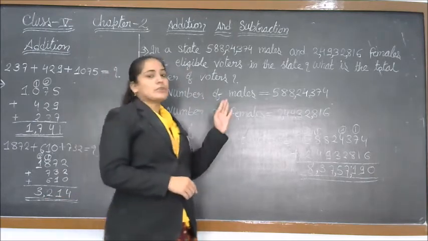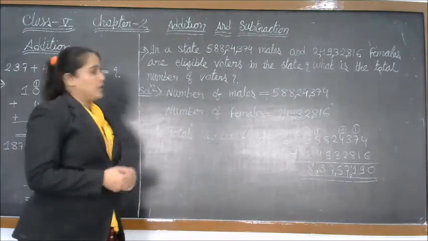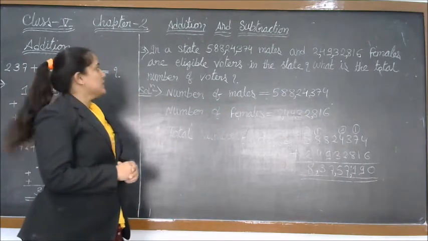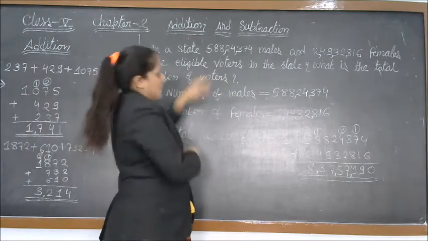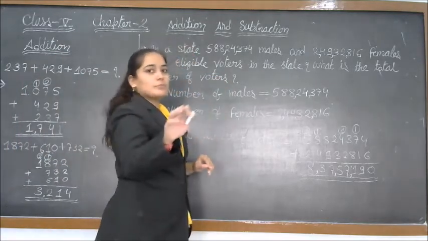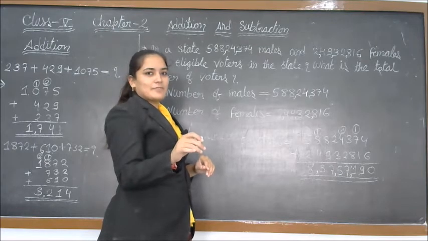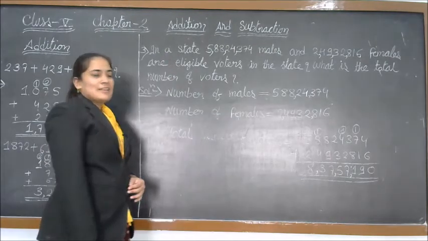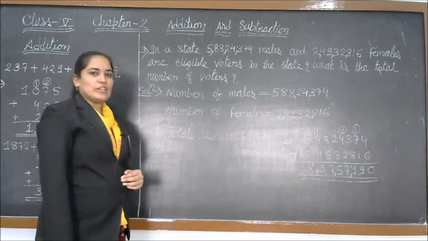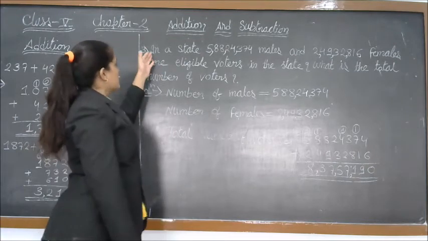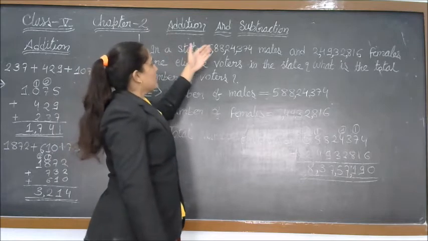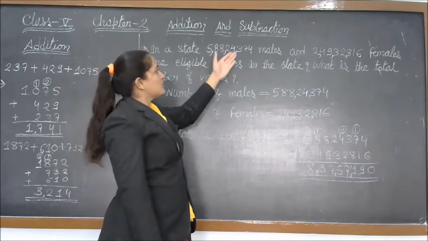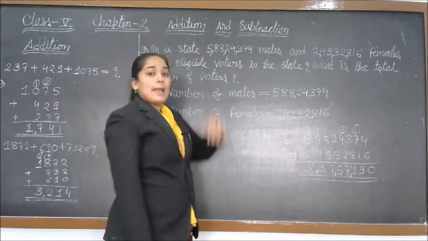Now we have to study the theory type question. First question is here. In a state there are 5,88,24,374 males.